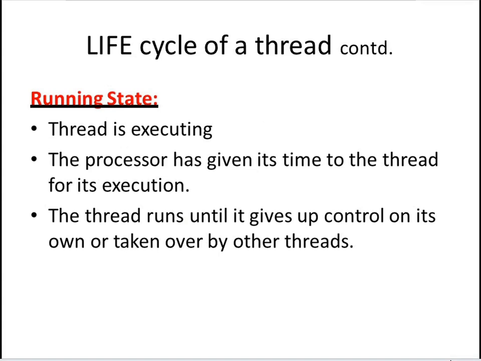The processor has given its time to the thread for its execution. The thread runs until it gives up control on its own or is taken over by other threads. That is, it moves to the blocked state or directly to the dead state from here.